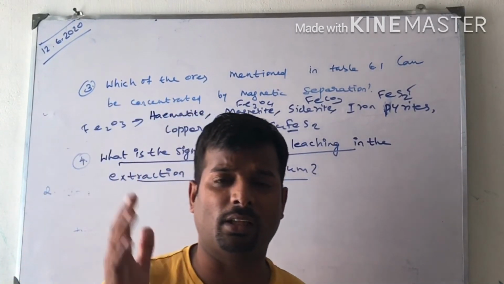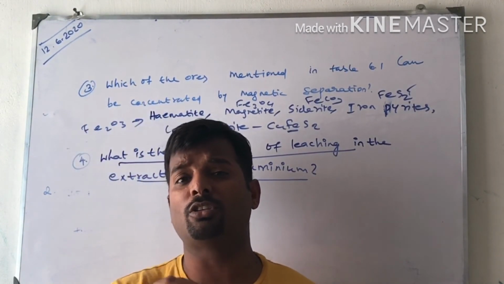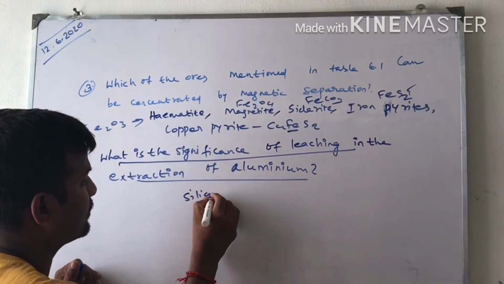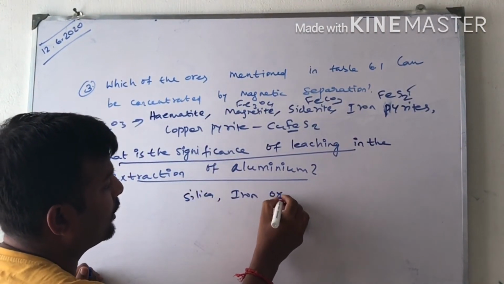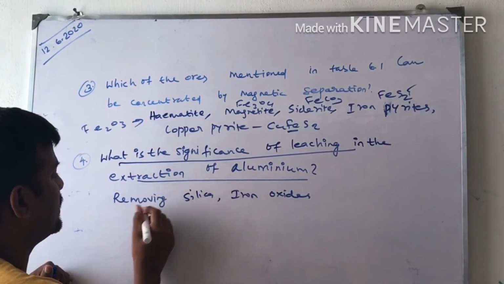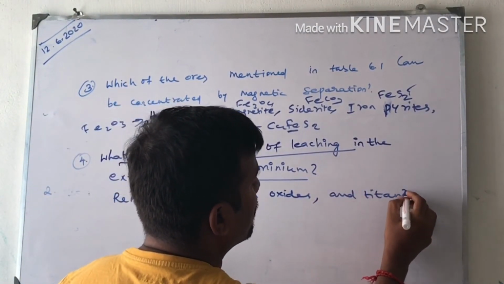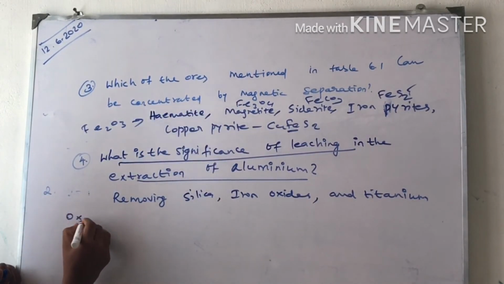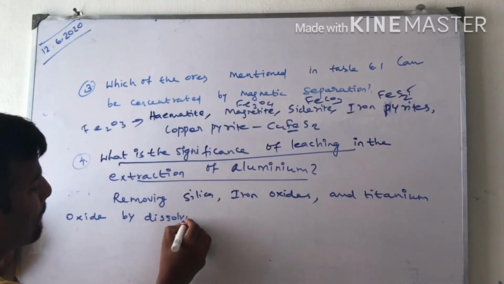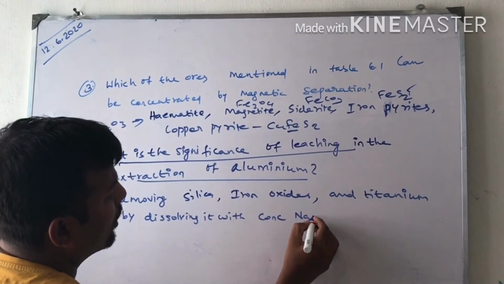This we already saw in the leaching part, a very important part. Leaching is used to remove impurities like sand, silica, iron oxide and titanium oxide by dissolving the ore with concentrated sodium hydroxide.